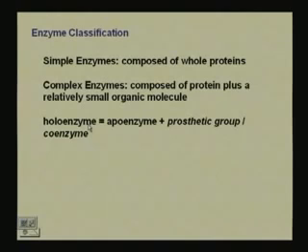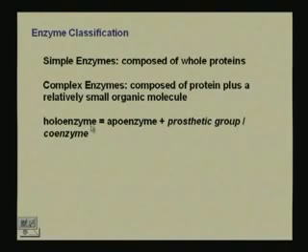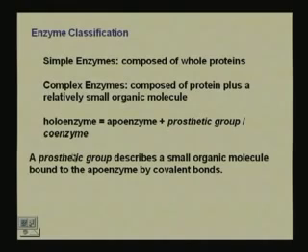It is comprised of an apoenzyme, which is the protein part, and a prosthetic group or a coenzyme. So, for the complex enzymes, we have a holoenzyme, that is the whole enzyme, comprised of an apoenzyme and a prosthetic group or a coenzyme. What is a prosthetic group? A prosthetic group is a small organic molecule that is bound to the apoenzyme, which is a protein, by covalent bonds.